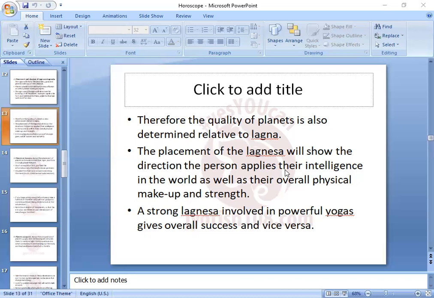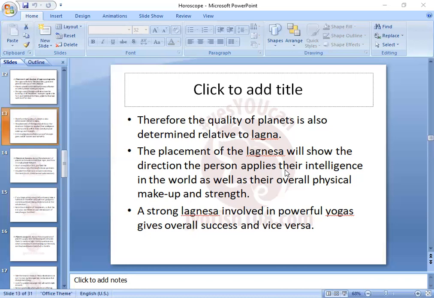But suppose the Lagnesha has gone to the 12th house. In that case, Jupiter comes in the 6th from the Lagnesha. So every time this person goes to worship Shiva, some enmity, or some debt, or some disease will come up. So you have to be very careful in analyzing the planets from the Lagna as well as the Lagnesha.